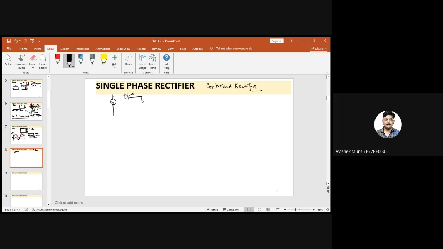SCR with L load. Last day we had discussed the R load. This is my output, this is my input.